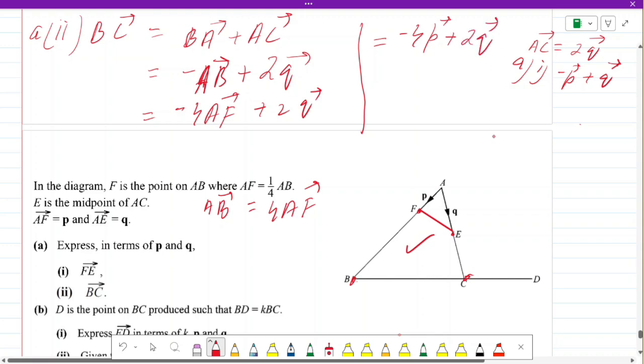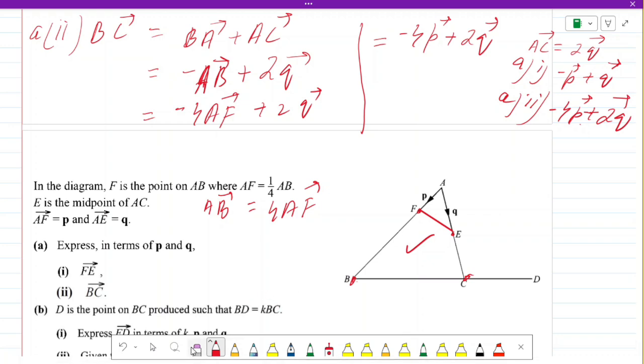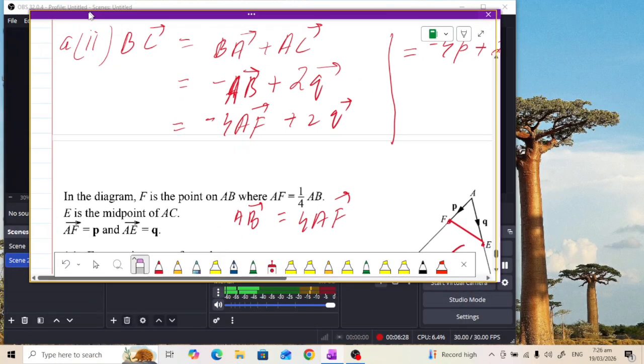That is the answer. So I am keeping this also over here. Minus 4P plus 2Q. And you can pause the video and copy these steps, because I am going to erase these steps to solve other parts of the question.